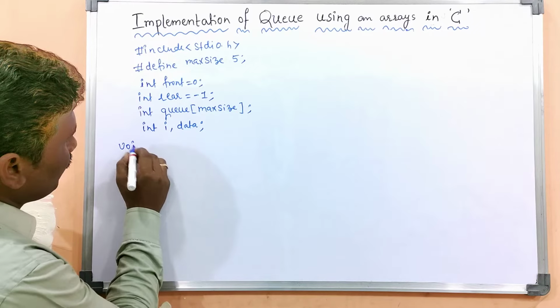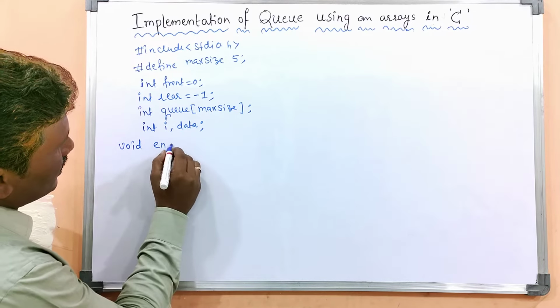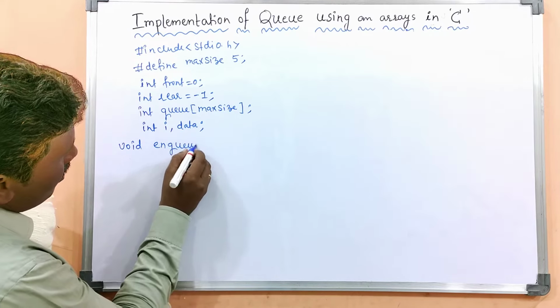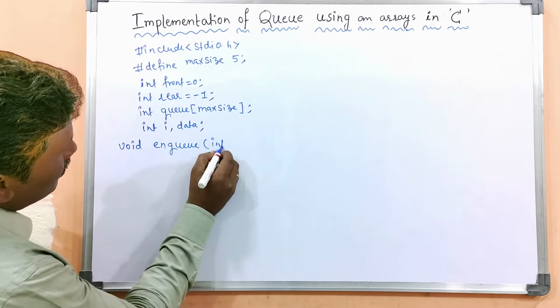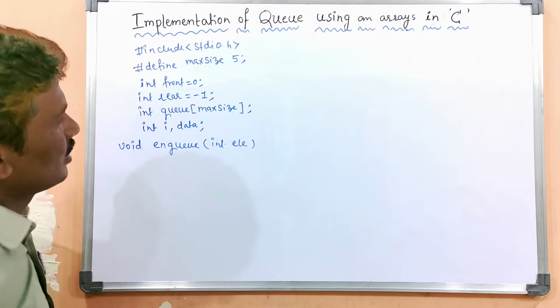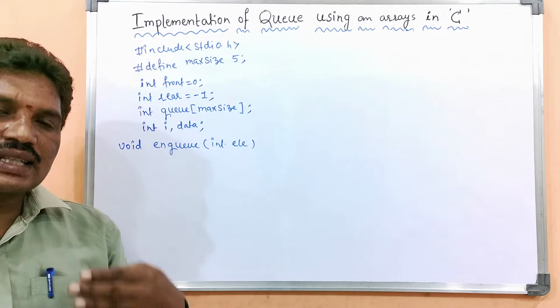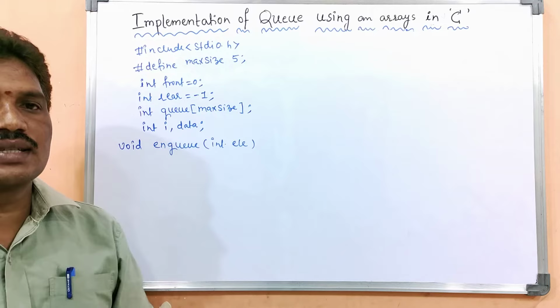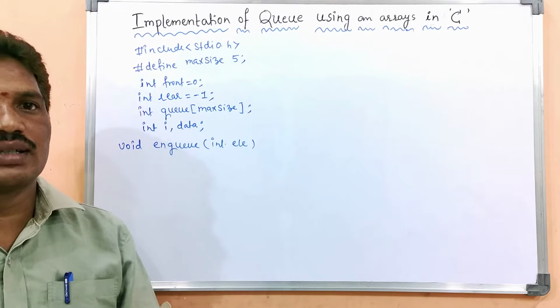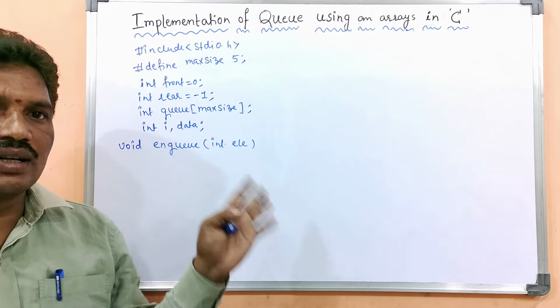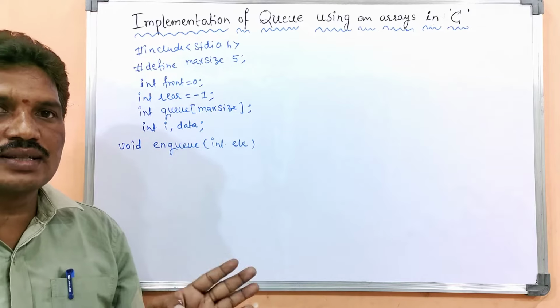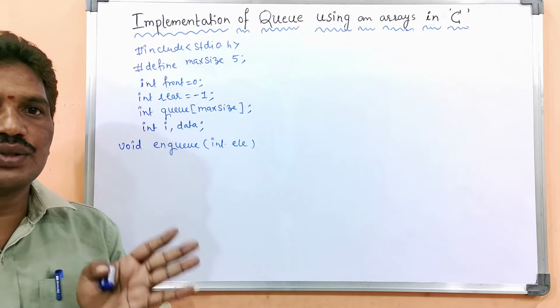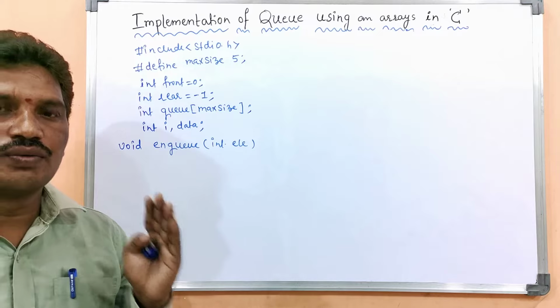First, the enqueue operation, with int element. Whenever you insert data into the queue, you need to check the maximum size of the queue. If it exceeds the queue size, it can't be inserted, and you show the message that the queue is full.